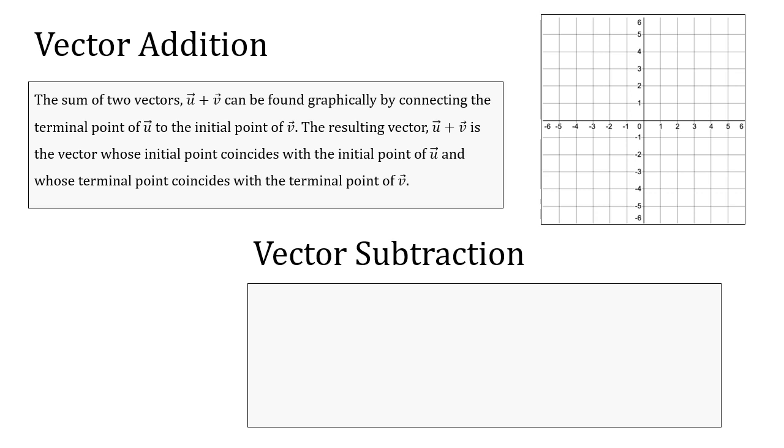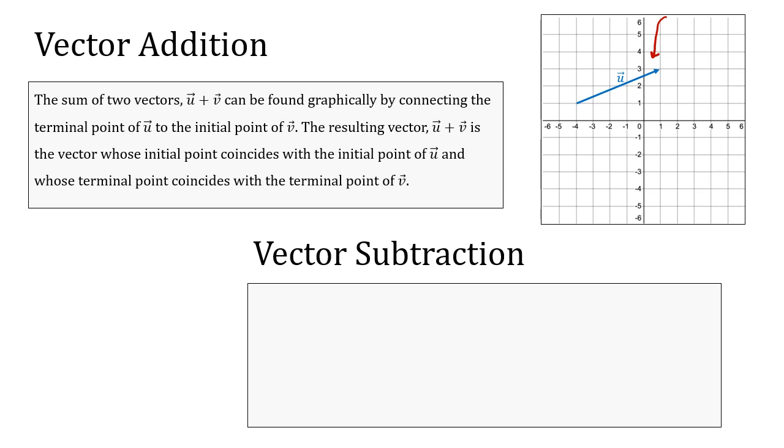The sum of those two vectors, u and v, can be found graphically by connecting the terminal point of vector u. So we see in this diagram some random vector u, and we know, because of the arrowhead, that the terminal point of vector u looks like it's occurring at the point 1, 3.